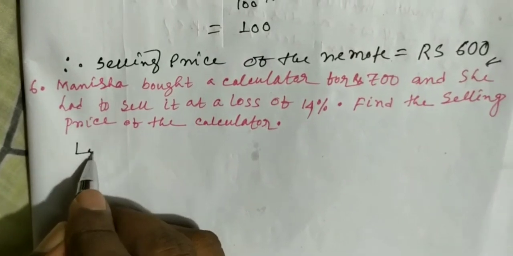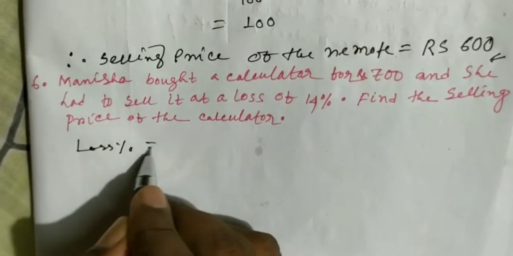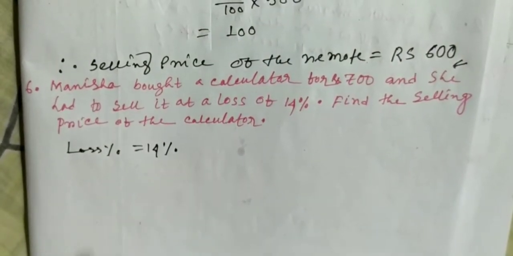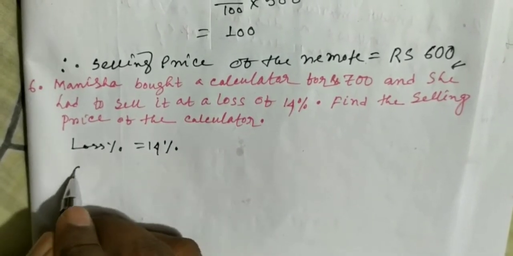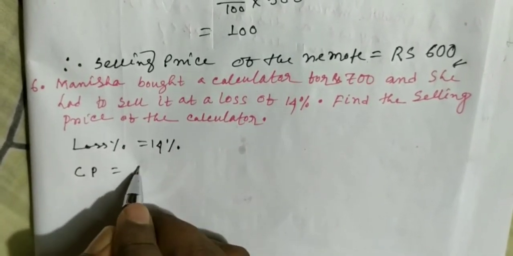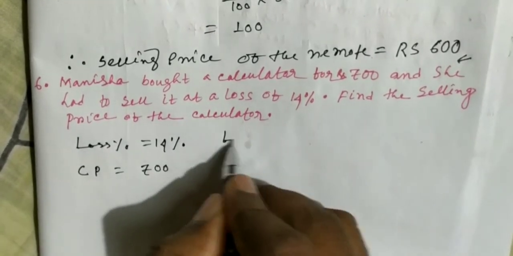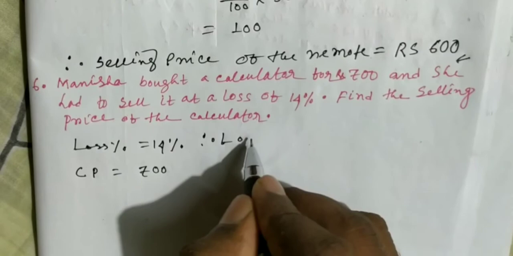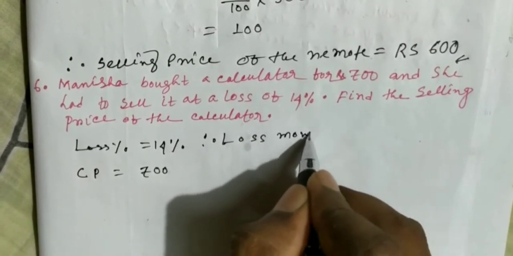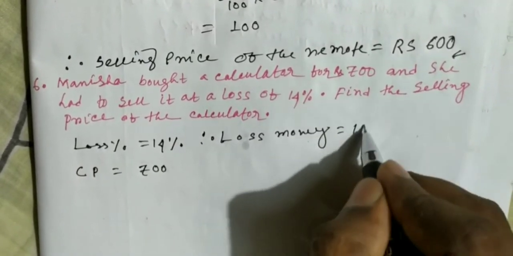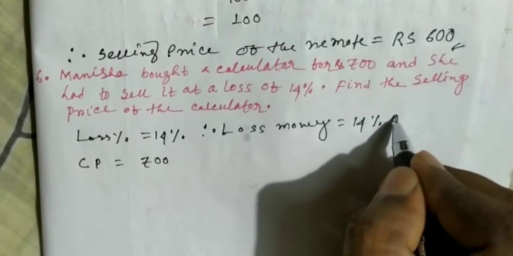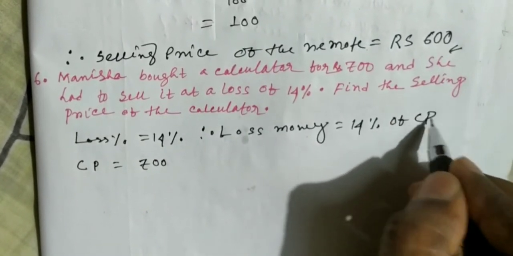Here loss percentage is equal to 14% and CP is equal to 700. Therefore, loss money is equal to 14% of CP.